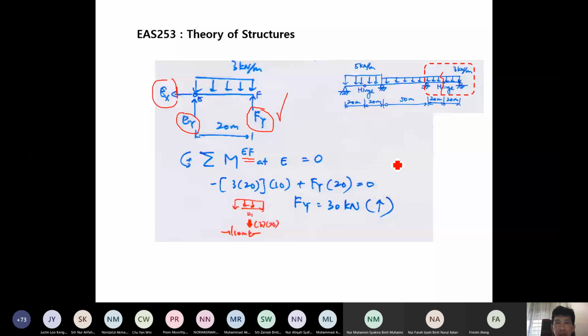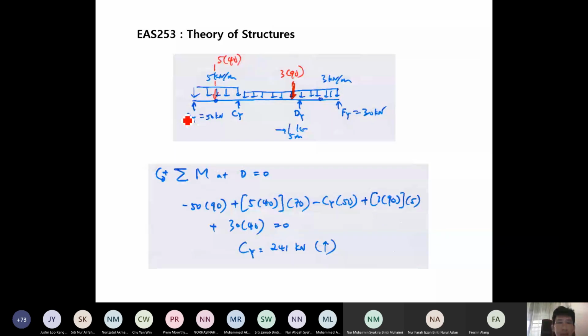So next, we go back to the whole beam now. Whole beam, Ay is solved, Fy is solved. So we are left with Cy and Dy. There are two here. So we can take moment equilibrium equation now of the whole beam.